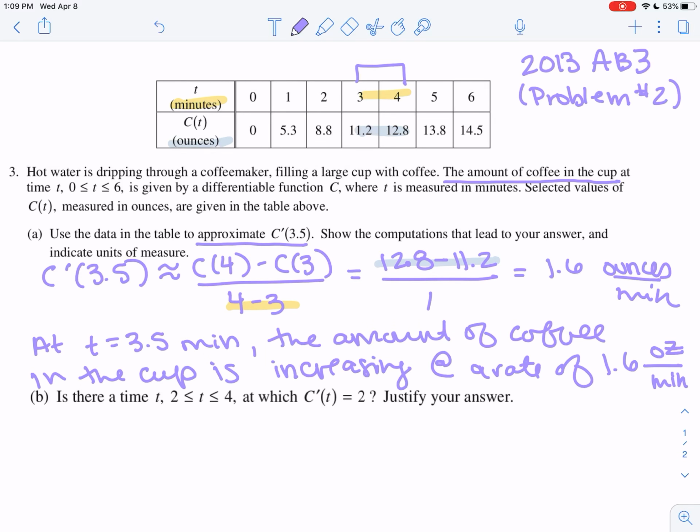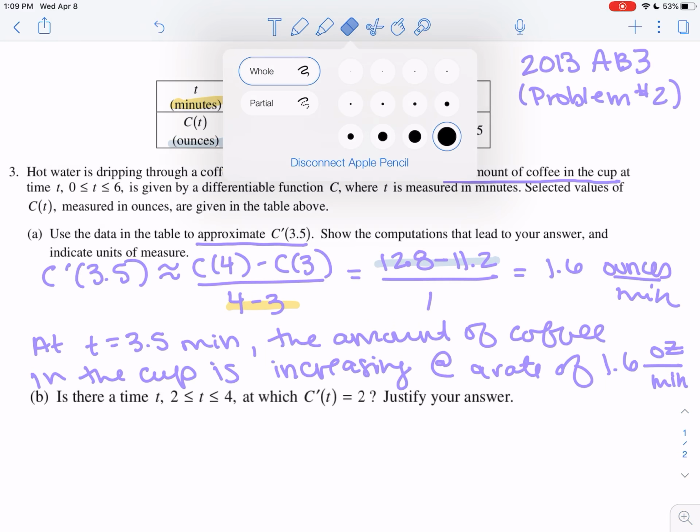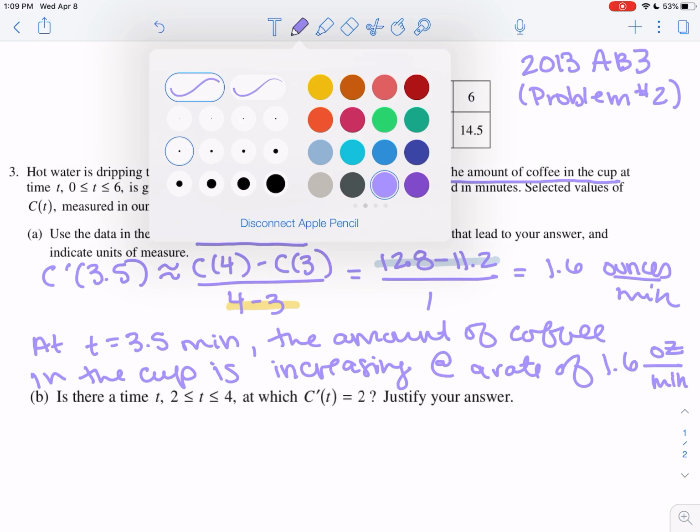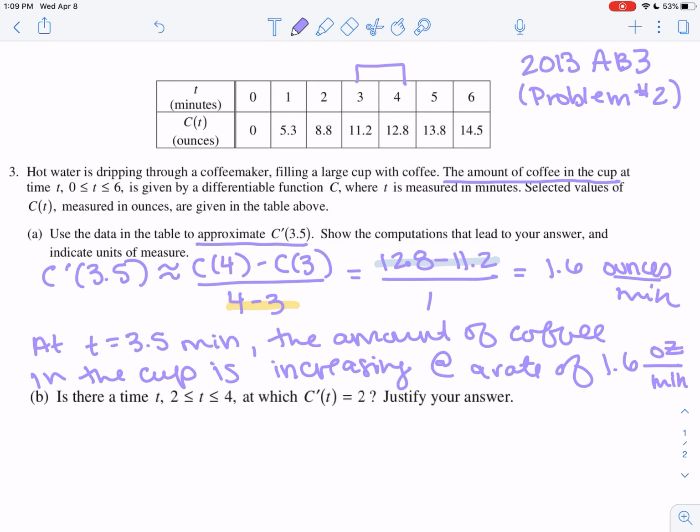Part B, is there a time t between 2 and 4 at which c prime of t is 2? Justify. If I'm trying to justify that the derivative equals a value, is that going to be MVT or IVT? This is going to be MVT. The conditions for MVT are both continuous and differentiable. Do we know that?